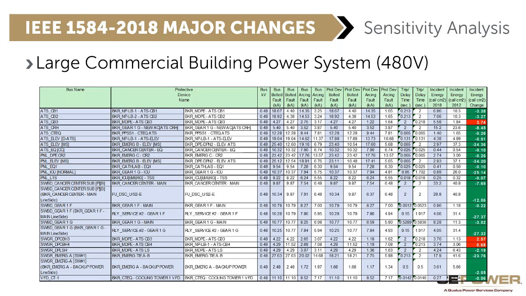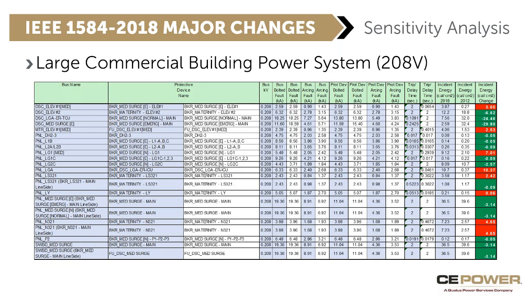And we do see a few instances where it has gone up. And as we saw in the graphs, there are definitely circumstances where it can go up. The switchgear is probably the biggest concern with the results being higher. Let's look at 208 volt systems.